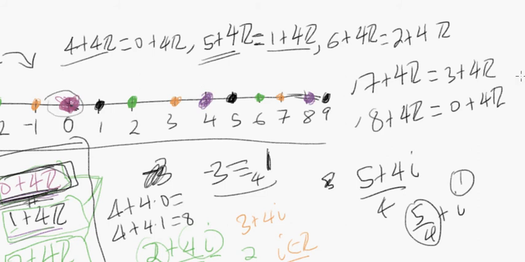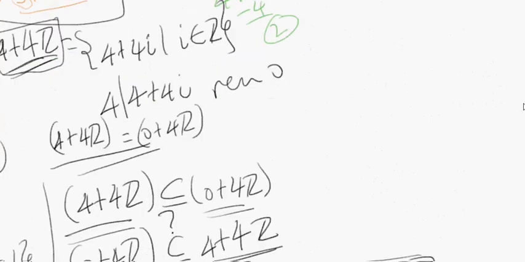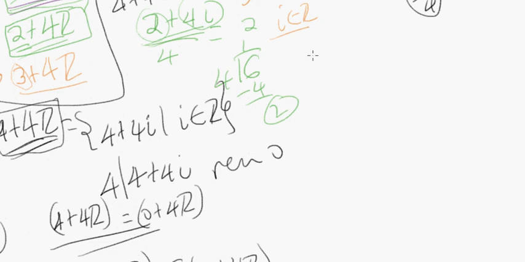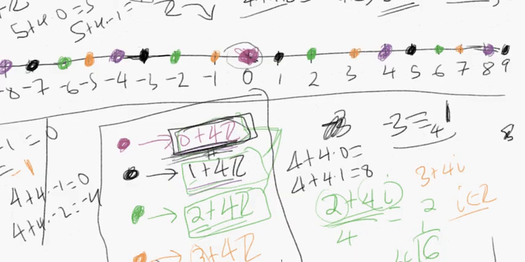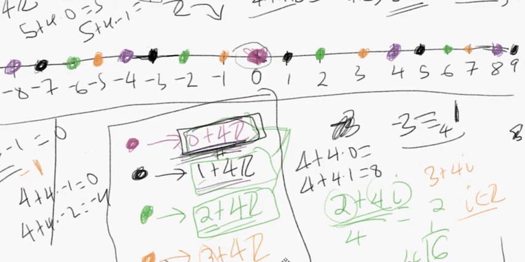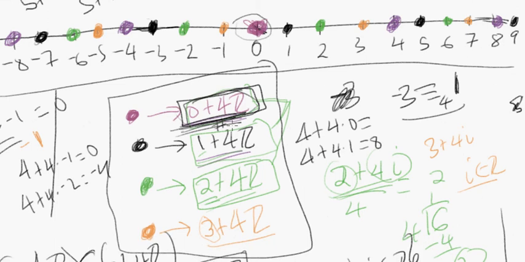In fact, here's the claim that we're making, and this is something for you to check. Just make sure you really understand what we're saying. We're saying that if we consider the entire number line, here we only considered from negative 9 to 9, but if we consider the entire number line, these 4 cosets, 0 plus 4z, 1 plus 4z, 2 plus 4z, and 3 plus 4z, are enough to cover the entire number line, and in fact they are also disjoint.